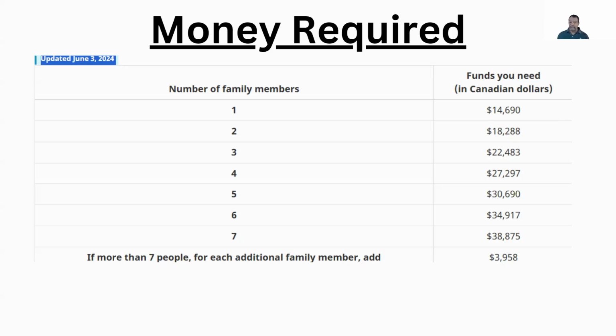Six adults, 34,917. And seven adults, 38,875. And for each additional family member beyond 7, you have to add 3,958. It's just a review of the previous numbers as a reminder for you.